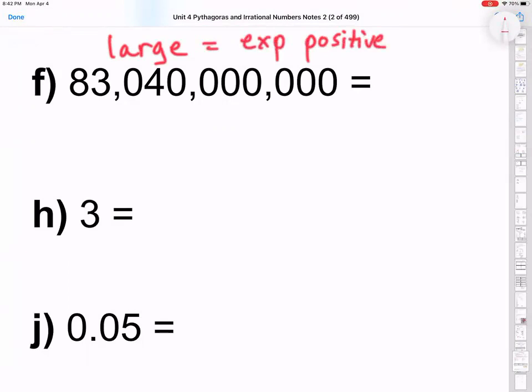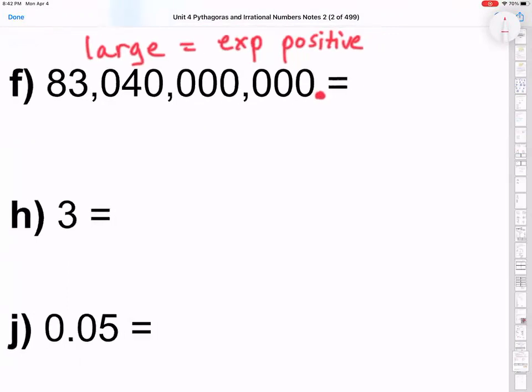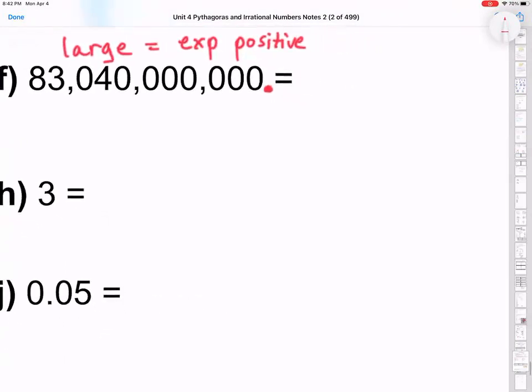And what I want to do is identify where is my decimal. Well, it's at the very, very end of my number. And now I'm going to shift that decimal over to get that number in between 1 and 10. So 1, 2, 3, 4, 5, 6, 7, 8, 9.